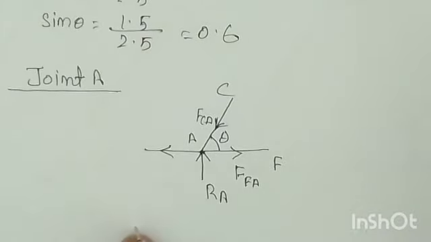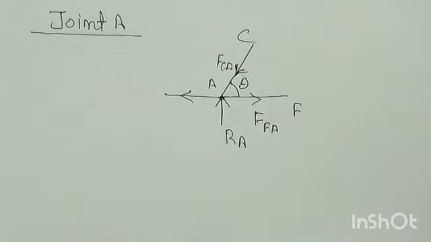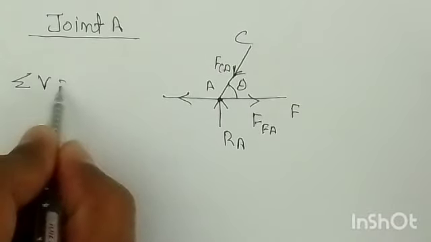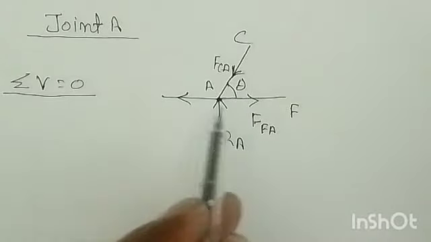So now what we need to do, we have to simplify the problem by applying the equilibrium conditions. Means summation of V is equal to 0 and summation of H is equal to 0. Alright. So first of all, I'll use the vertical forces. Here summation of V is equal to 0. So what are the vertical forces?